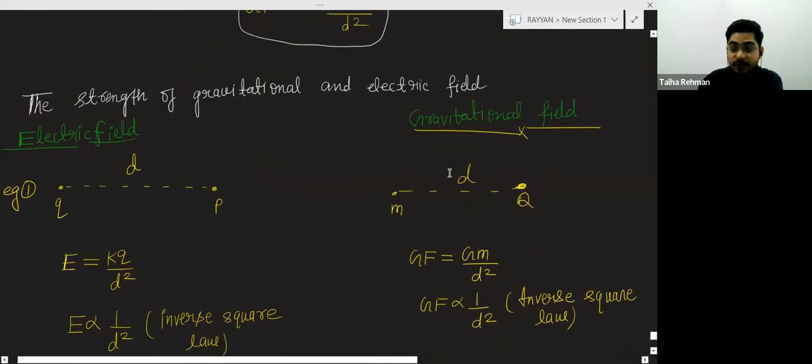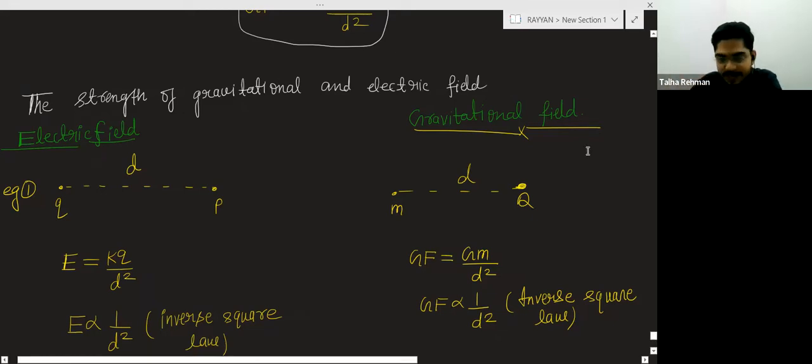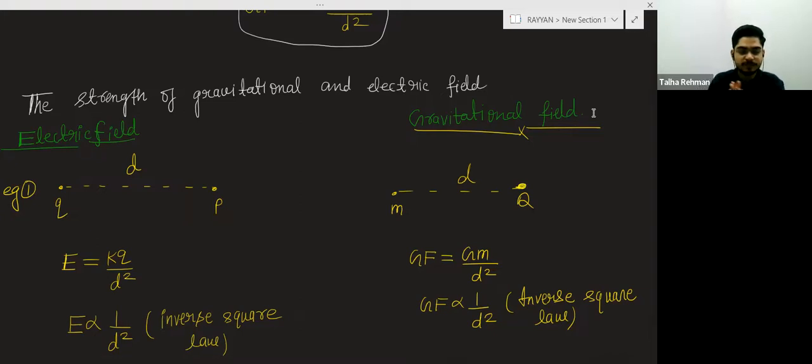After that, we will now compare. Which force is greater, electric force or the gravitational force, or which field is stronger, the gravitational field or the electric field. So I will prove which field is greater. With the help of one very beautiful example I will take, and we will prove that.